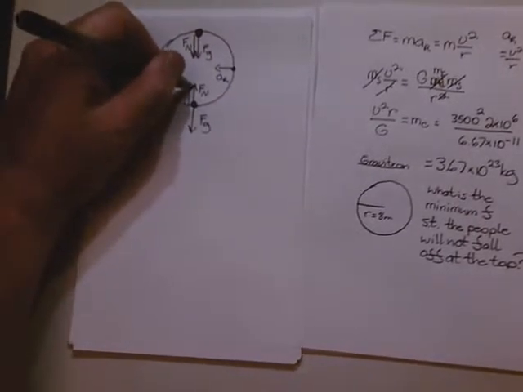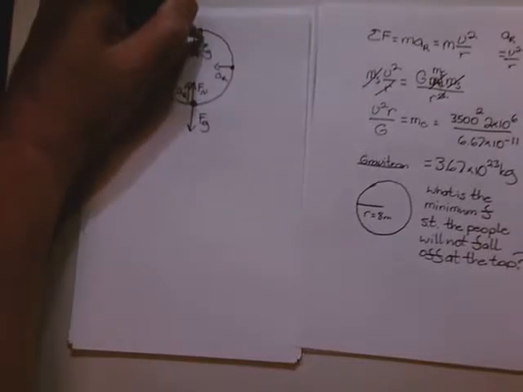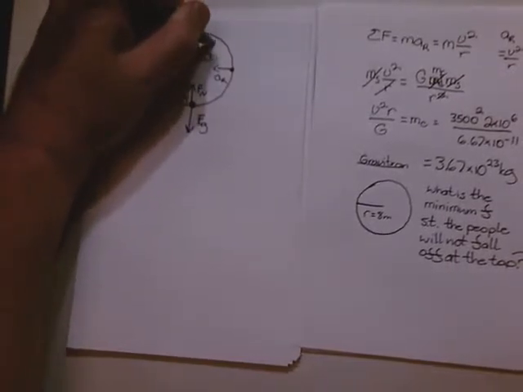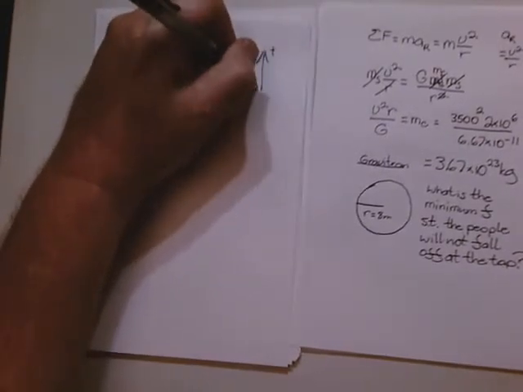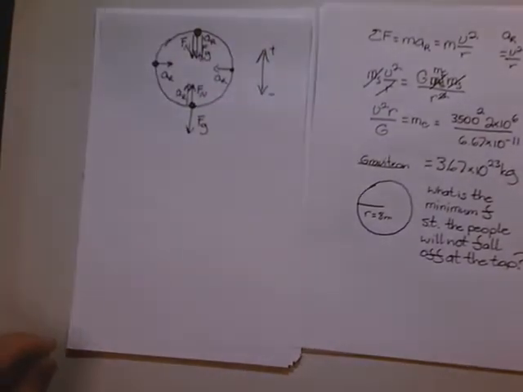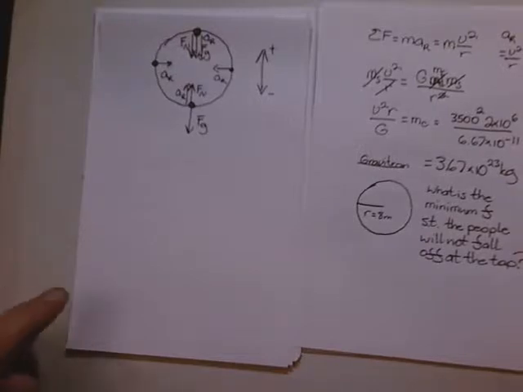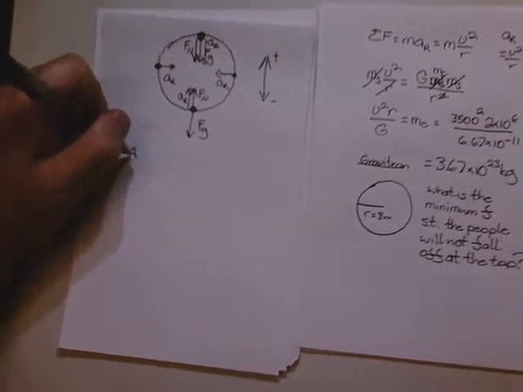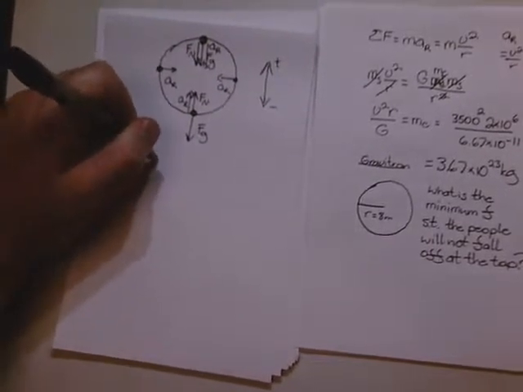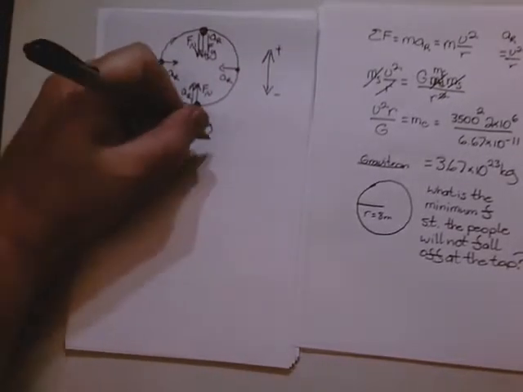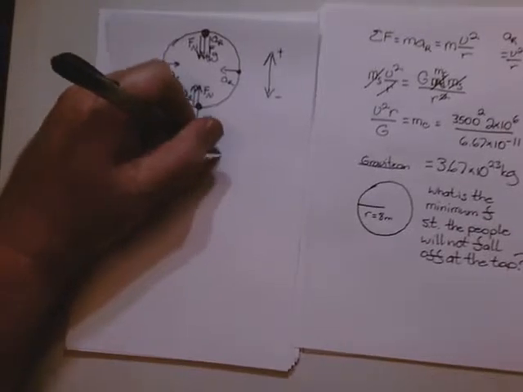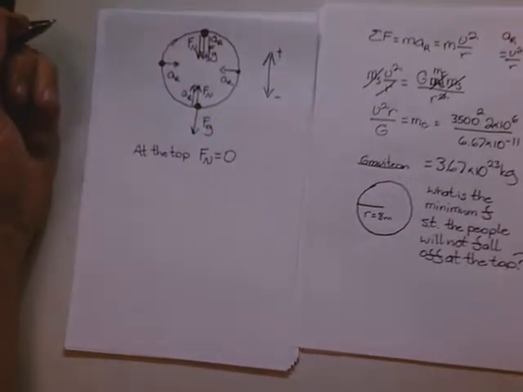So here it's pushing inward as well, and there it's pushing inward as well. And we're going to say that up is positive and down is negative. So at the top, the normal force is going to equal 0. The normal force is the force of the wheel on you.